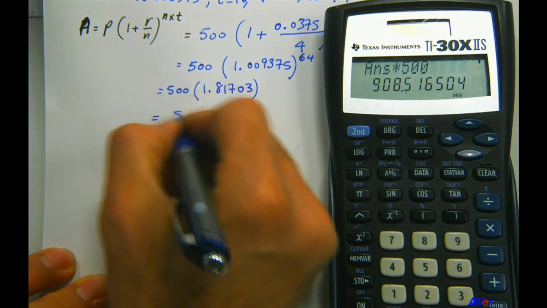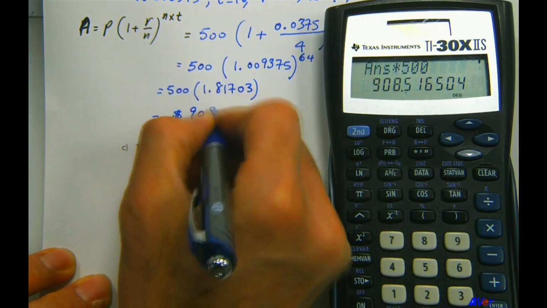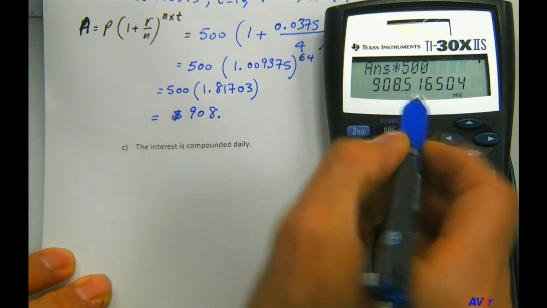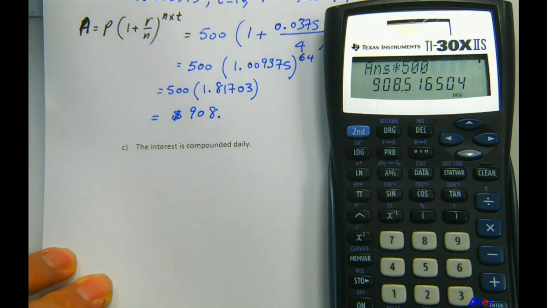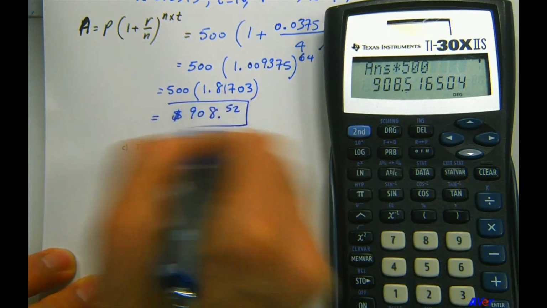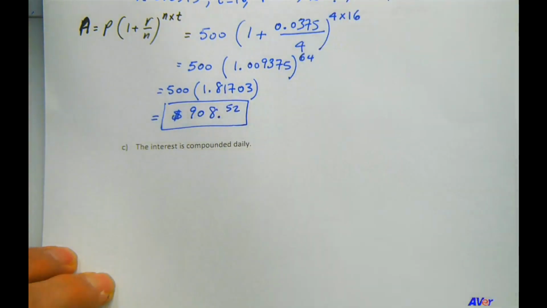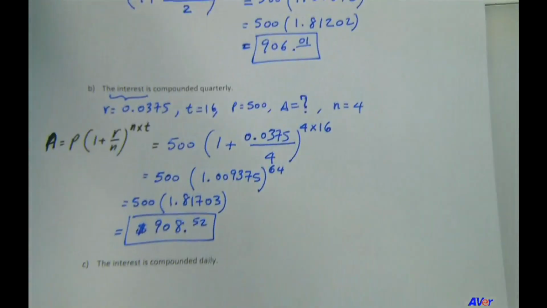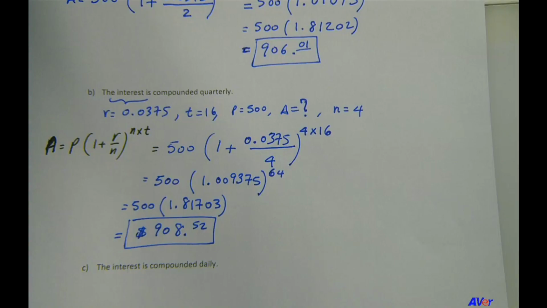So now we have $908, and let's round that to 52 cents. All right? So a little over $2 more than what we had in part A, right? But that's okay because the original investment wasn't that large.